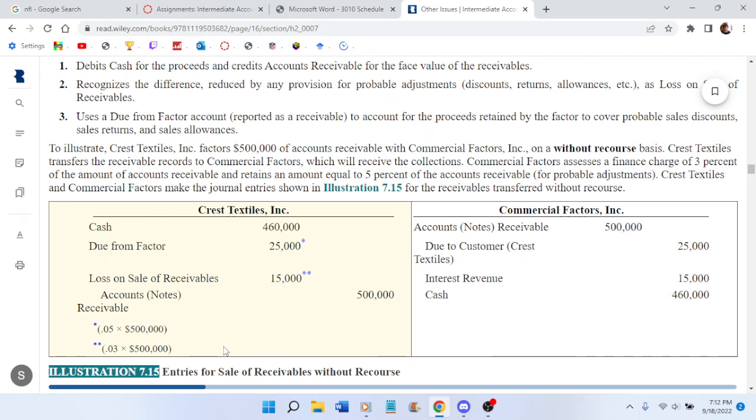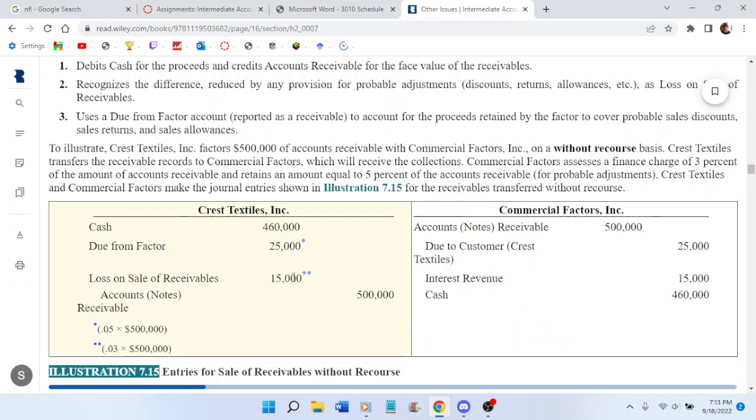And then there's some other stuff. No, their cash is increased by that, you idiot. Loss is that due from factor. The factor. Okay. Yeah, I think I get it.